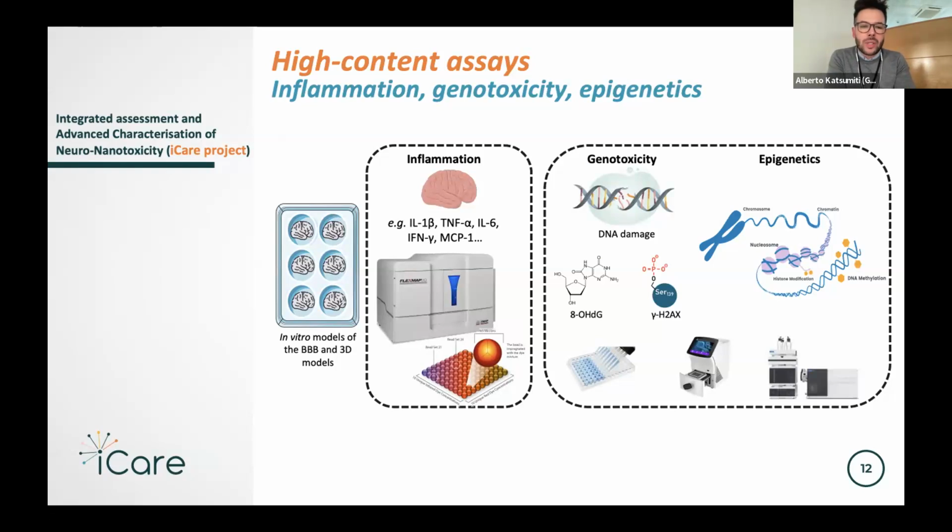So for inflammation, as I mentioned before, the main method that we want to apply is basically Luminex to characterize, for example, the expression of different cytokines and chemokines. We also have approaches dedicated to genotoxicity, so exploring different mechanisms of genotoxicity, related effects, and also epigenetics.